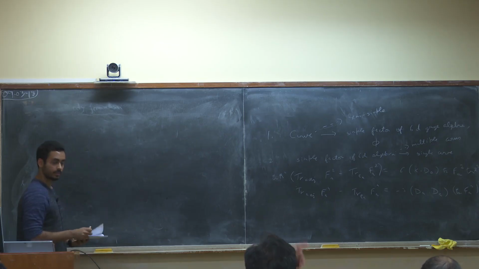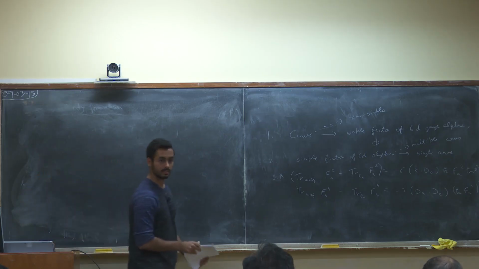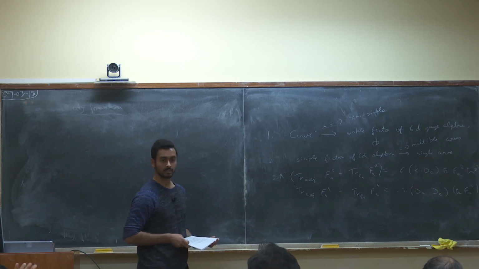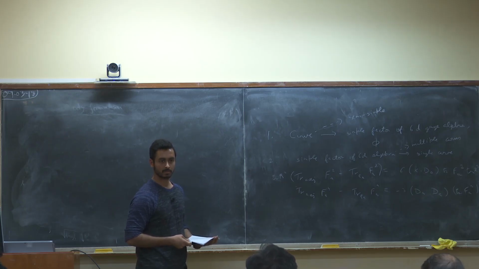By the way, when we talk about statements like this, simple factor corresponds to single curve and so on, of course this is a vector space of curves, right? We can take a different basis of the second homology, and that would give you a different set of curves. If there is a vector space structure, then what does this single curve mean?